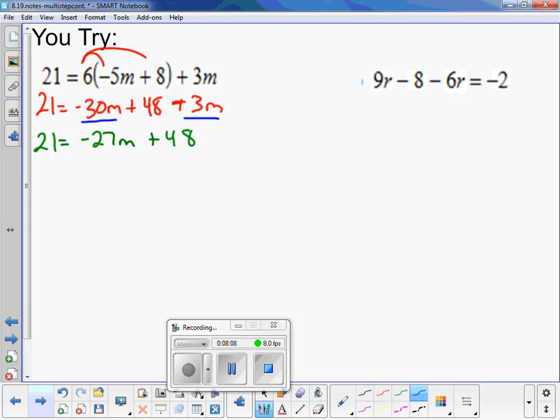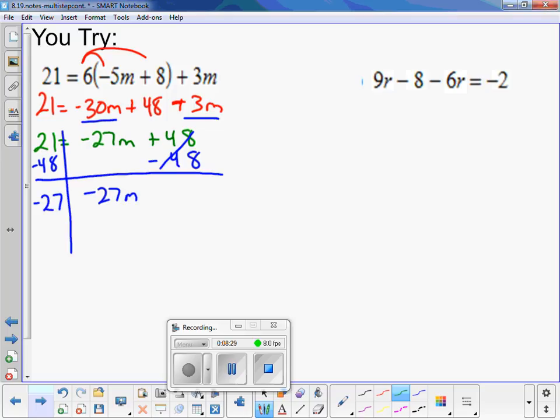So I need to move the addition first. So I subtract it from both sides. It cancels out on the right-hand side. And I bring down that negative 27m. And then I'm going to say 21 minus 48, and that's going to give me a negative 27. And then you notice I have a negative 27m on this side.